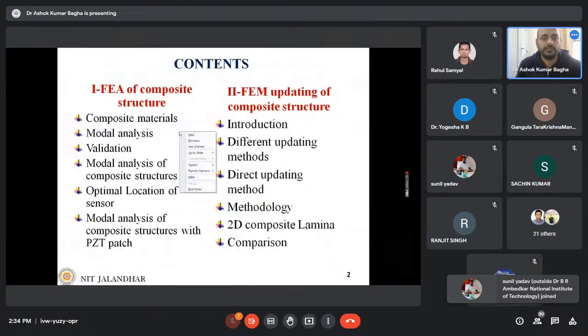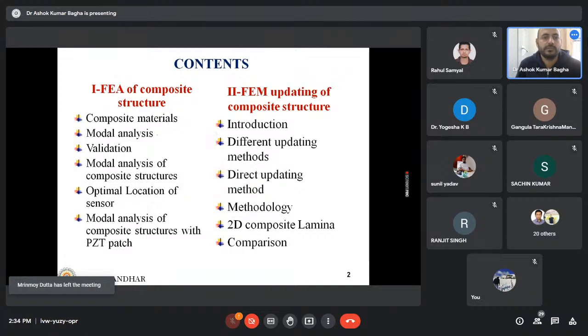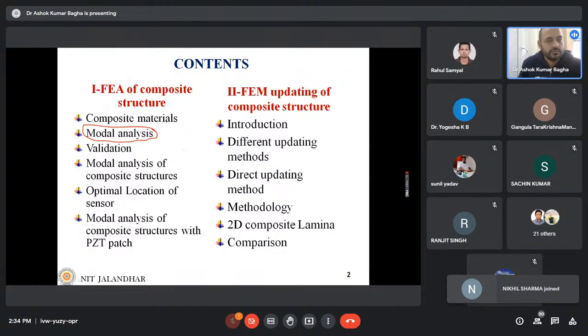So this study in terms of composite material is very important. You can use modal analysis to find out the response of these composite structures by mounting accelerometers or piezoelectric patches on the composite materials.